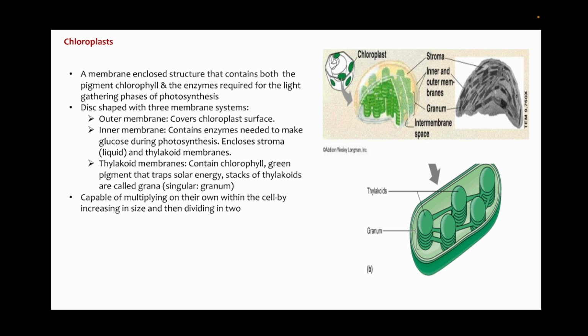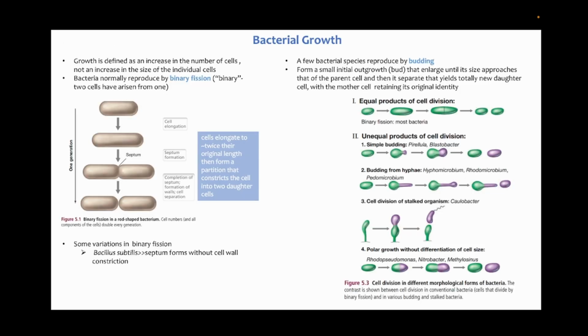Then the granum is the stack of the thylakoids. Okay, so when you stack up the thylakoids, those are called a granum. Singular is granum, plural is grana. Okay, and they are also, like mitochondria, capable of multiplying on their own.